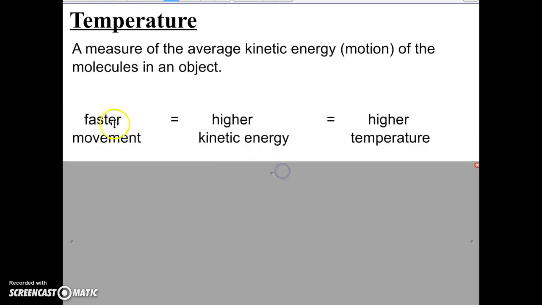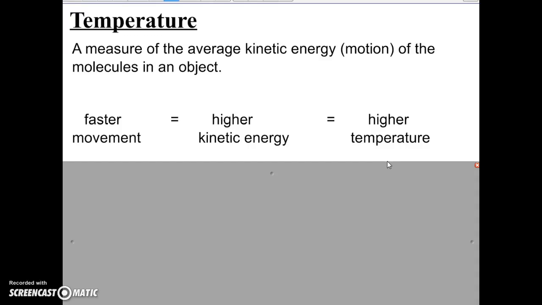So the faster the molecules are moving, the higher the amount of kinetic energy they have, and therefore the higher temperature the object has. Okay, so temperature is all about how fast the molecules are moving in an object. We know that any object that's above absolute zero has molecules that are vibrating or moving.